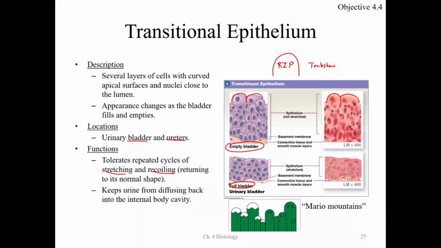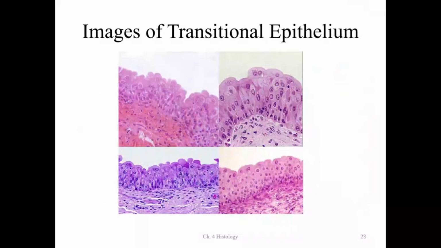It looks like the mountains in Mario's with the curved tombstone appearance, so think of a tombstone. So we can see these tombstones. Every one of these, we have multiple layers.